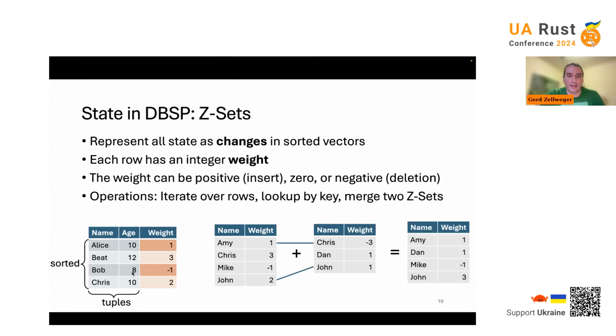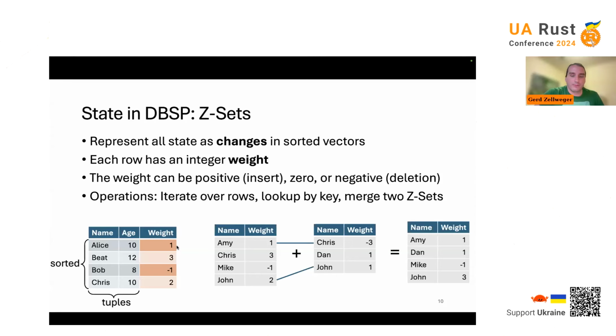And Bob 8 with a -1 means I have a negative weight here. That means I'm deleting 1 row of Bob 8 with this change. And then I have Chris 10 too. That means I'm also inserting a row of Chris 10 twice. So that's the meaning of the weight in this sense.